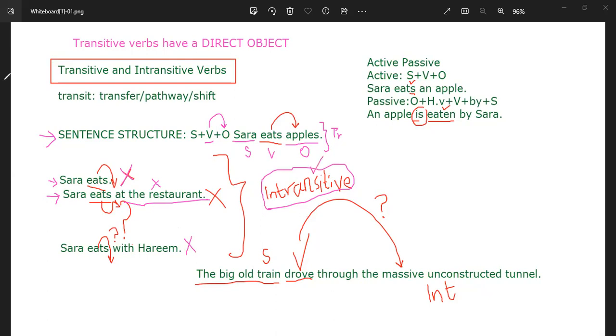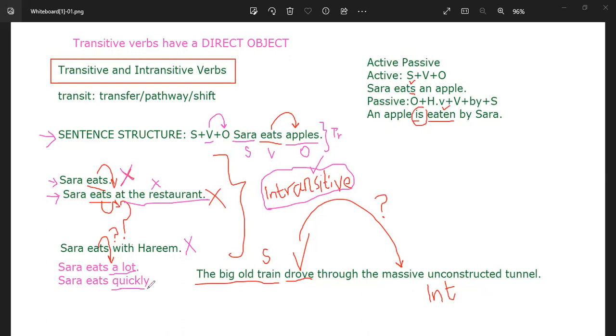Another example that we should probably do is Sarah eats a lot, right? Or maybe we can do another one for those of you who do not know types of adverbs. Sarah eats quickly. In both these cases, a lot is an adverb. ठीक है, which type of adverb it is, etc., we are going to do later on.